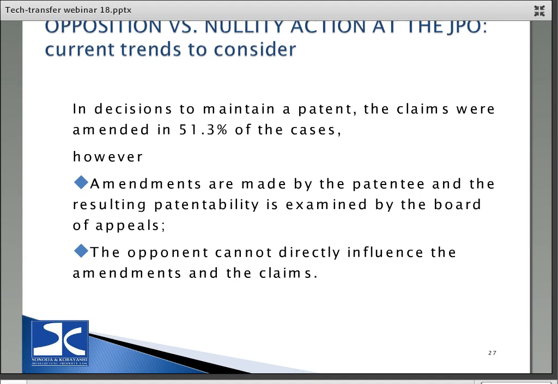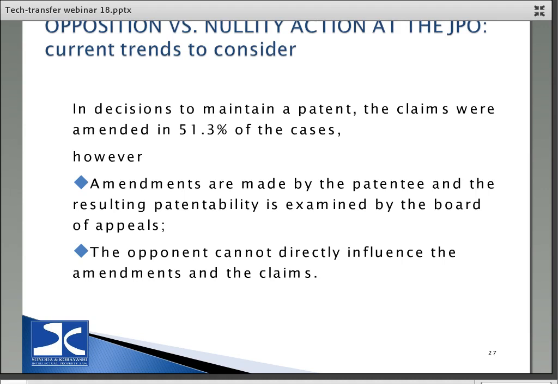That is, the opponent files its opposition and opinion to invalidate the patent, but the examination after that is in the hands of the Board of Appeals of the JPO, and the JPO and the patentee exchange opinions and even make oral, face-to-face meetings with the examiner.